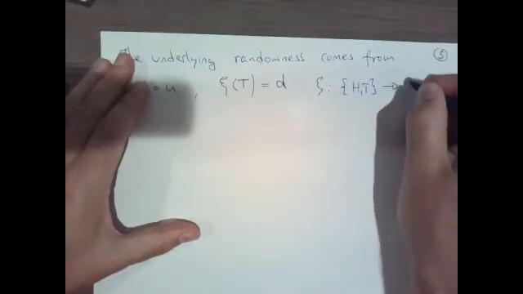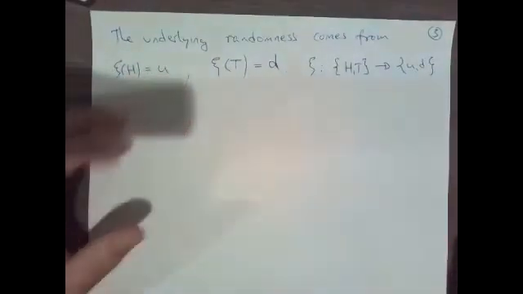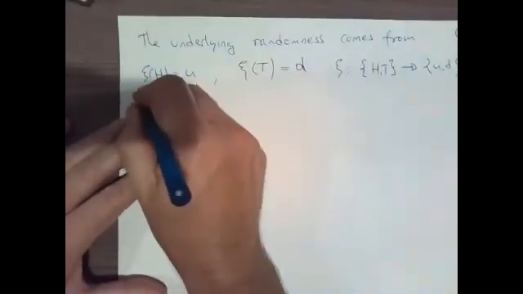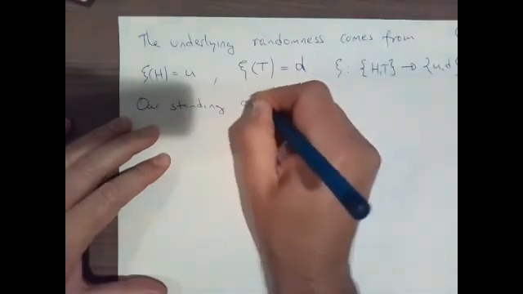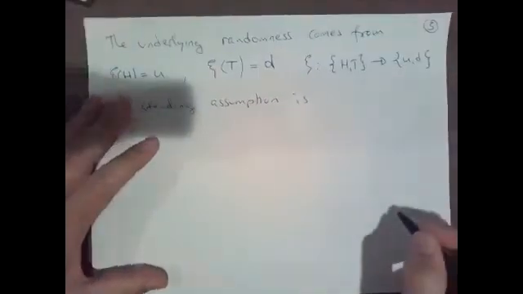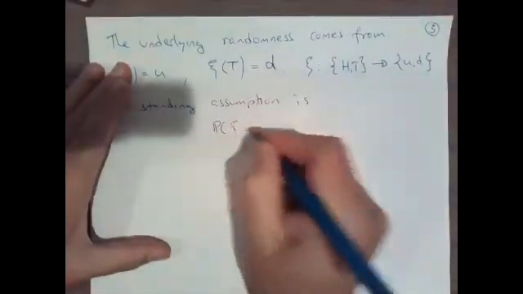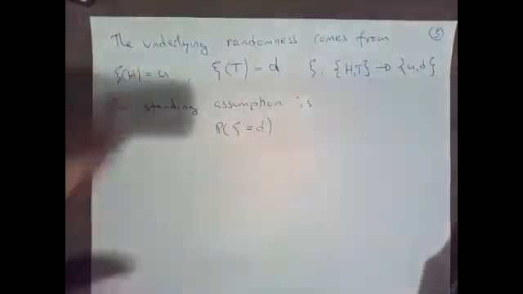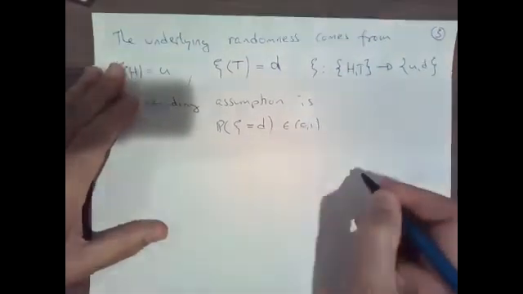And then it takes values in its codomain, and the codomain is U and D. And so our standing assumption is that if I look at the probability that psi takes the value D, then this is something between 0 and 1.